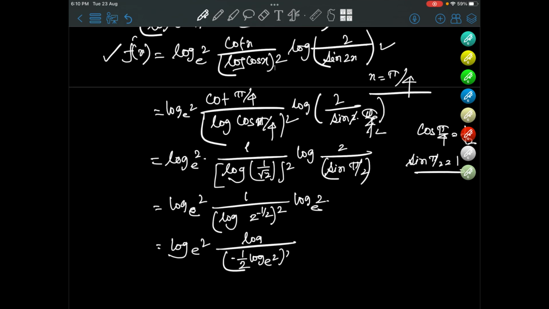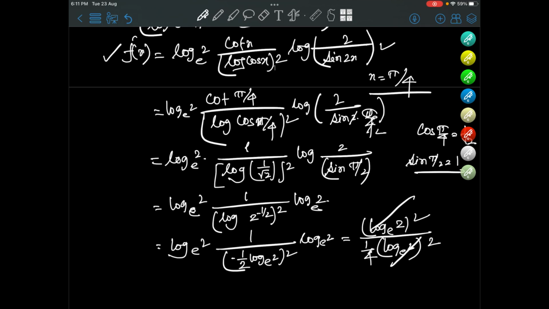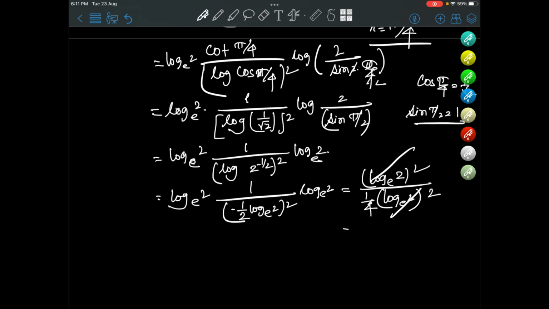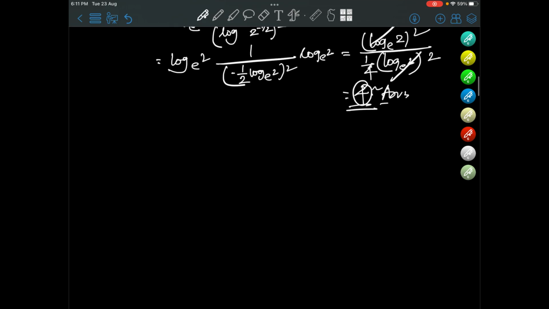So we get (log e base 2) whole square divided by 1 by 4 (log e base 2) whole square. The log e 2 whole square cancels out between numerator and denominator, and the 4 goes up. So the final answer is 4. This was asked in the 2022 IIT examination.